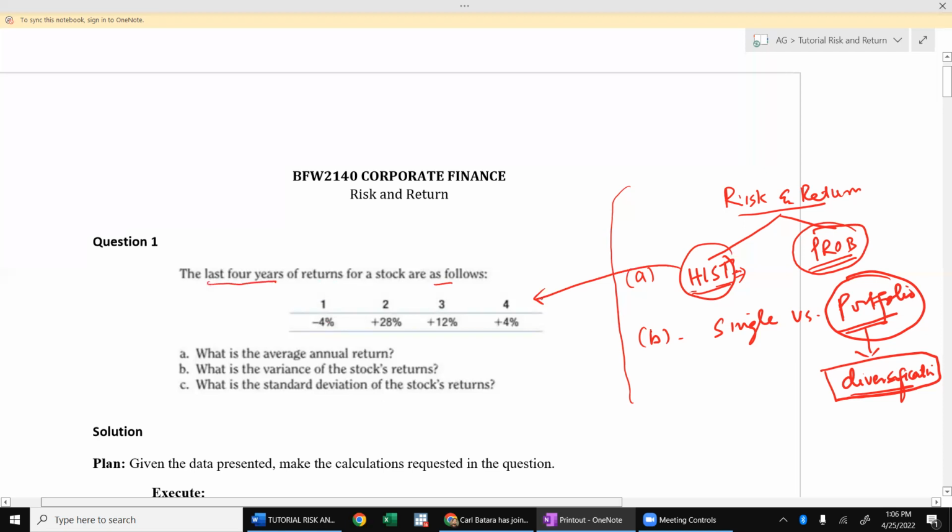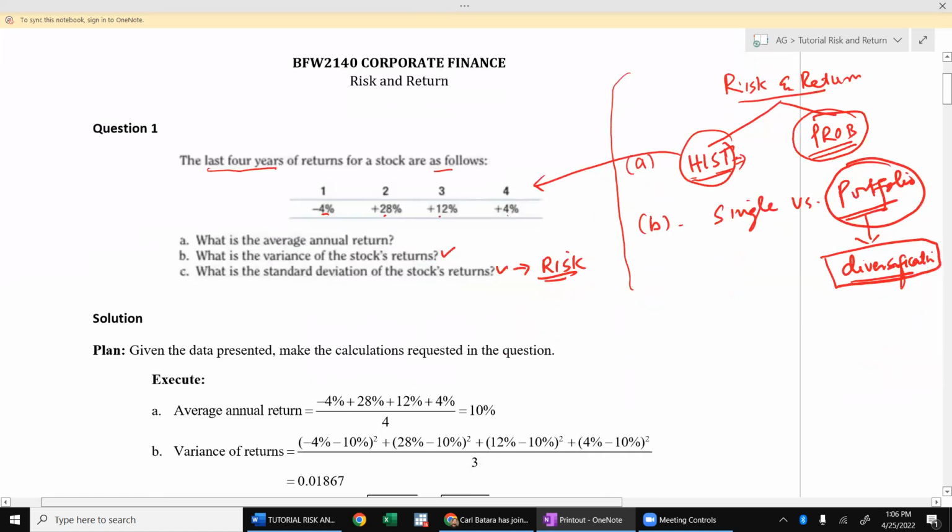The question asks what is the average annual return based on the past 4 years, what is the variance of the stock's return, and what is the standard deviation of the stock return. Standard deviation means the risk of getting the expected return. So we need to calculate risk and return.